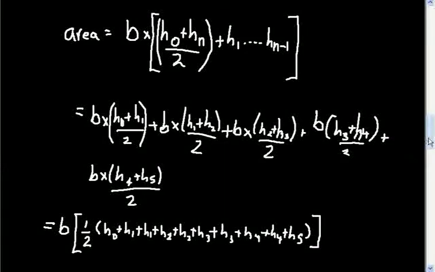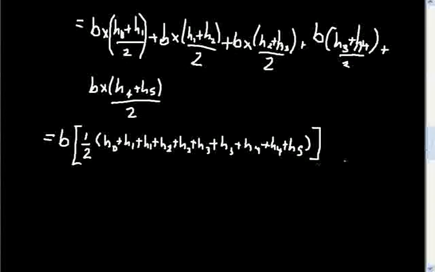You'd notice that except for the first and the last strip height, every other height is doubled, because you've got h1 plus h1, h2 plus h2.